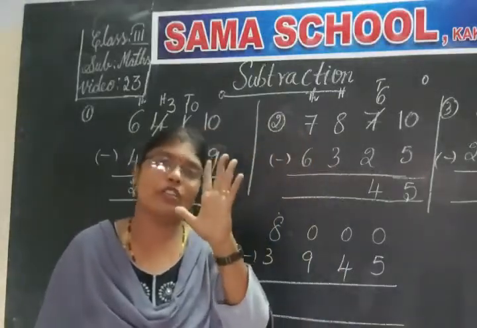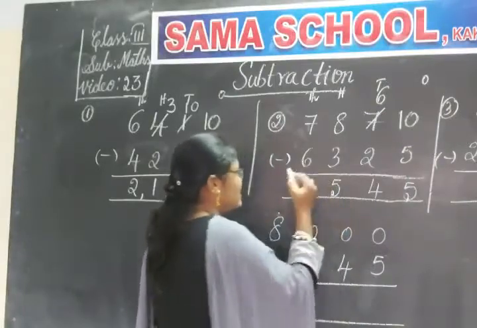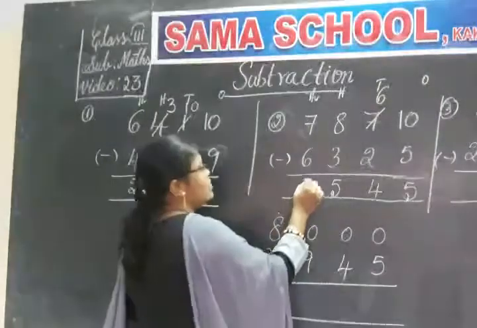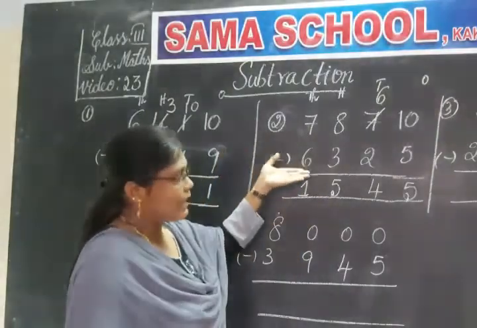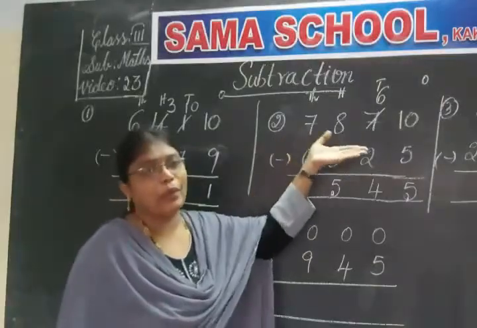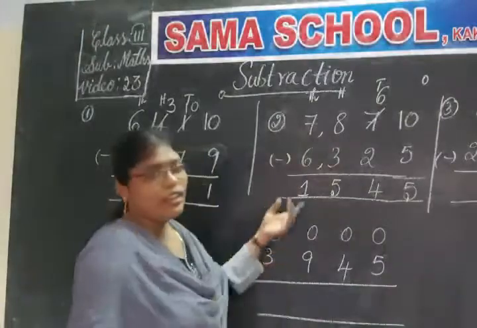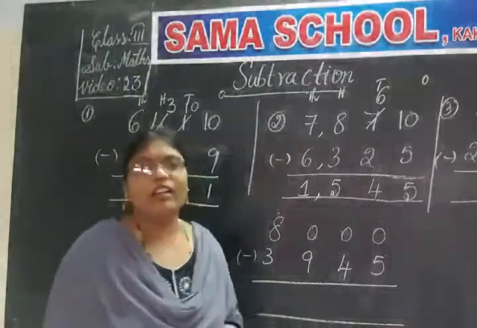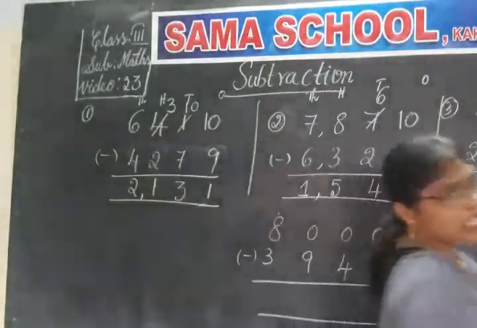How much? 5. So write 5 in hundreds place. And 7 minus 6 is 1. So when you subtract 6325 from 7870, the difference is 1545. Now let us move to the next one.